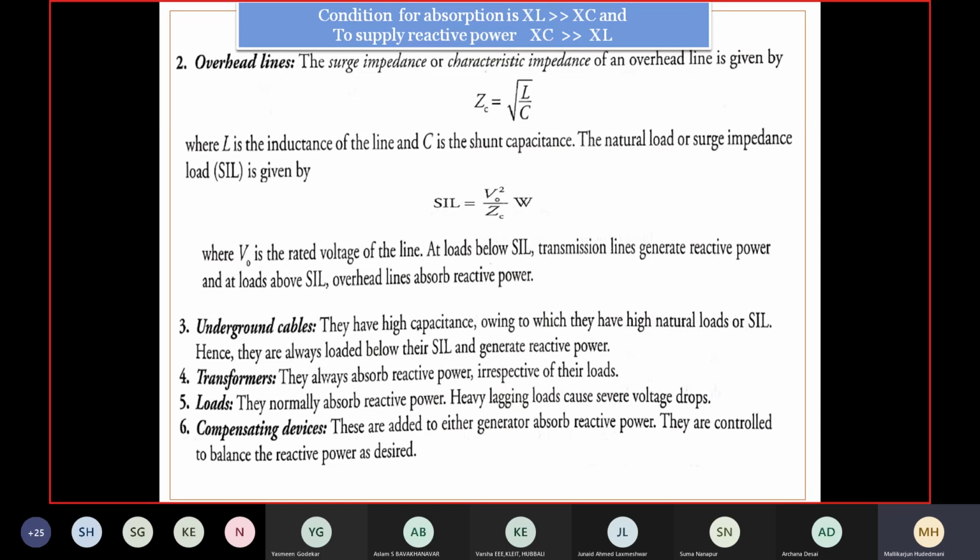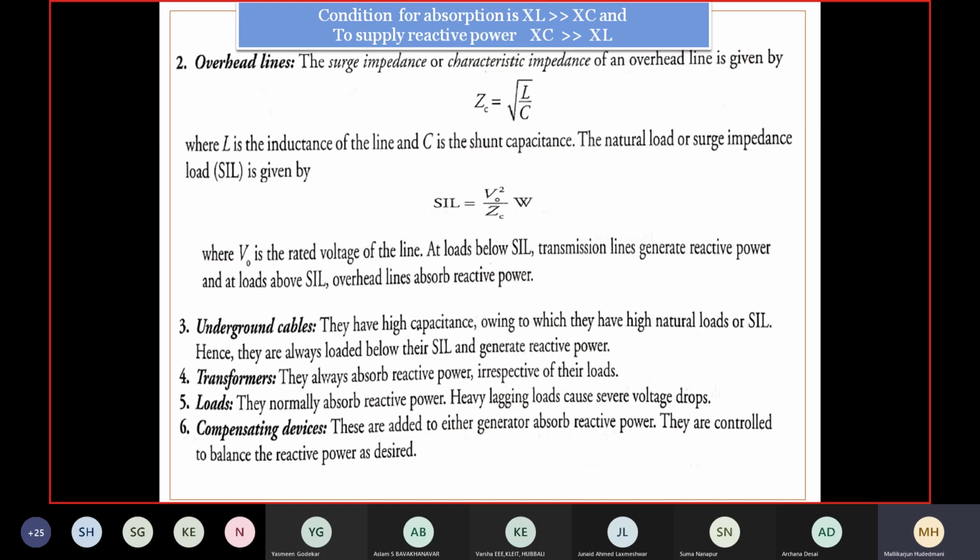How XL becomes greater than XC, or XC less than XL, can be a different scenario. There could be highly inductive loads connected to the system, the whole system together becoming highly inductive; or loads declining in nature so that inductiveness is diminishing; or loads compensated by a capacitive concept.